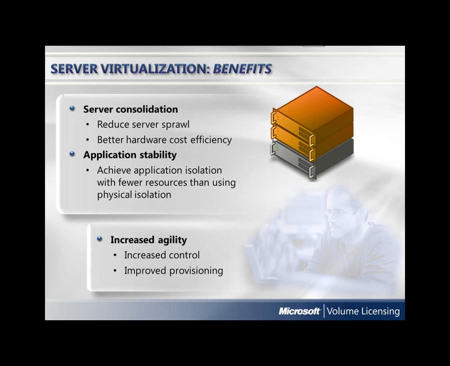In most cases, enterprises are able to see consolidation ratios in their data centers from 3:1 to upwards of 20:1 or more, while still being able to meet the existing SLAs and performance or throughput needs. This in turn dramatically reduces rack space, power consumption, cooling, and waste, all of which helps businesses cut costs.